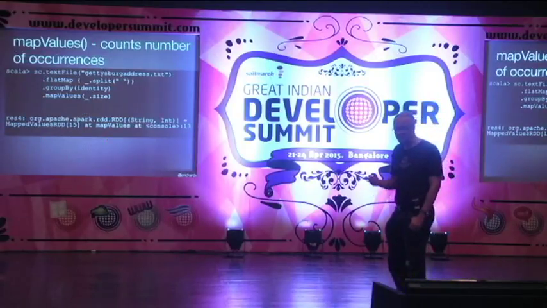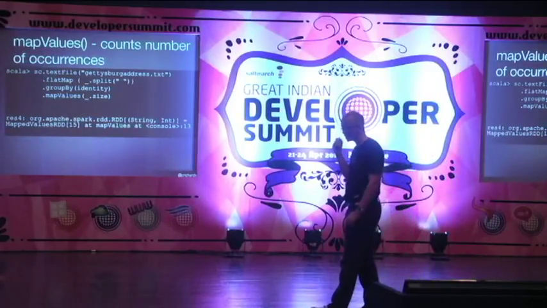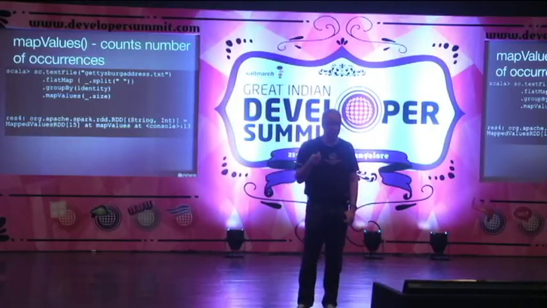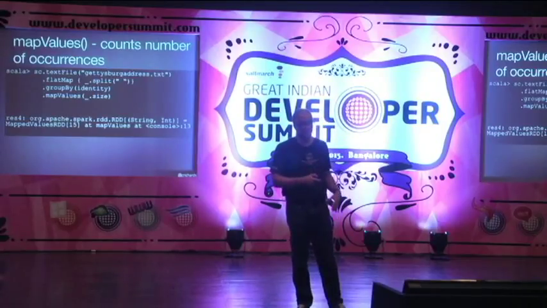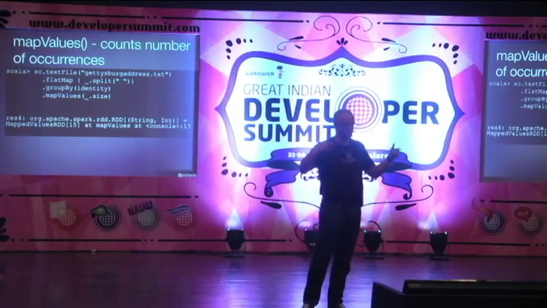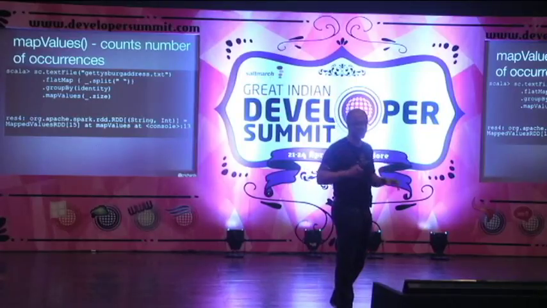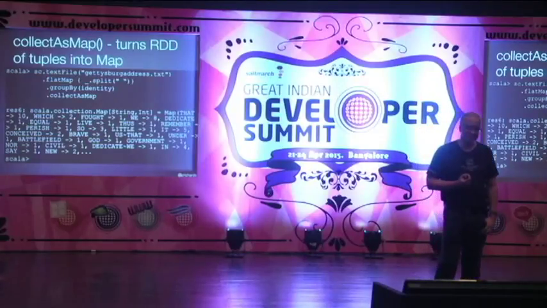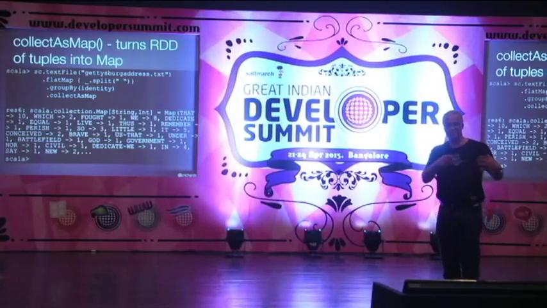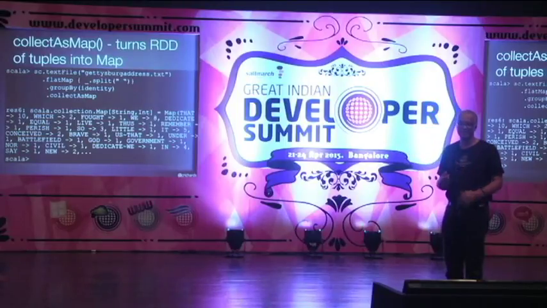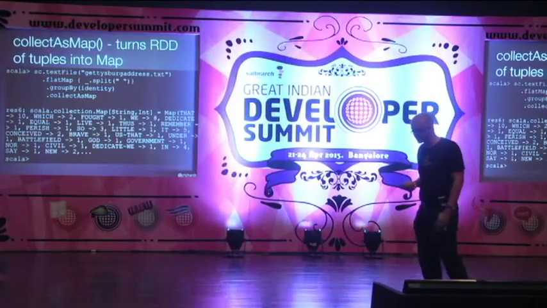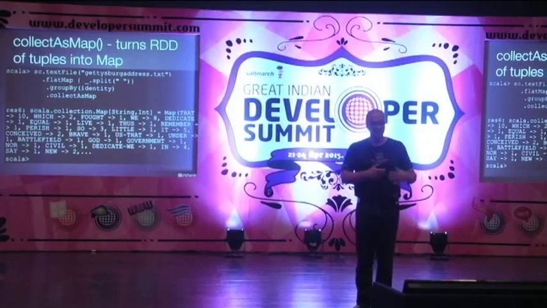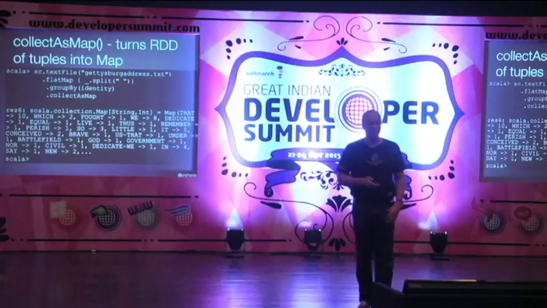And then there's the map values that we saw before, that's applying the size method to each iterable of words, and that gives us an RDD of tuples of word and the word count. And then the final step is to turn that RDD into a map. So we've gone from the RDD world back into the regular collection world. And so in just 4 short lines, we've done this distributed word count. And that could have actually scaled out to a whole cluster of machines.